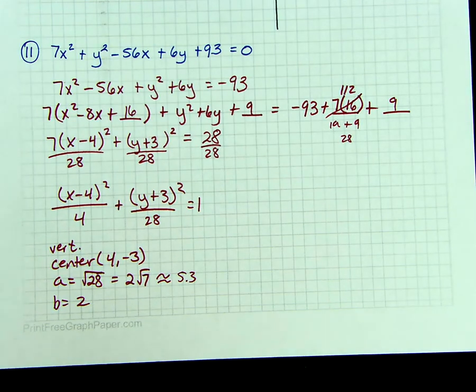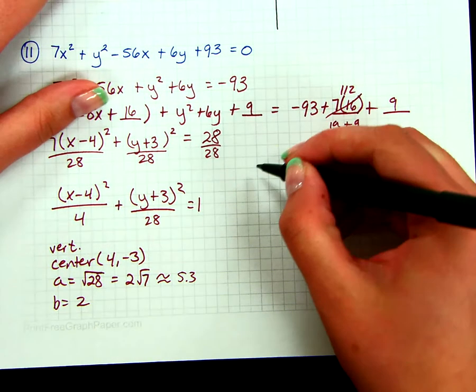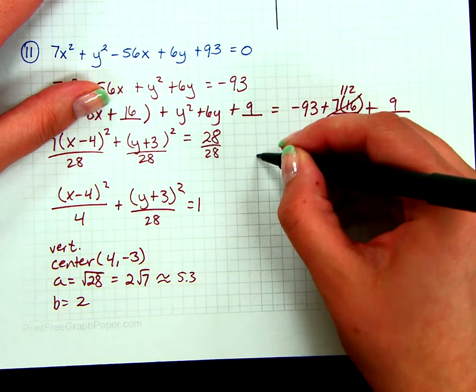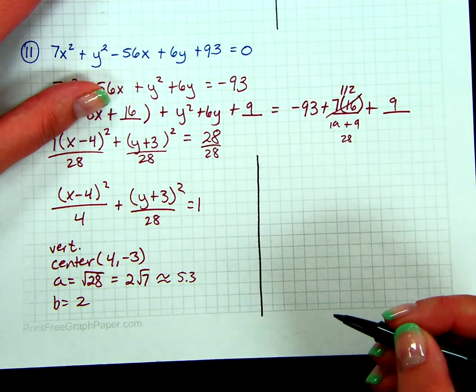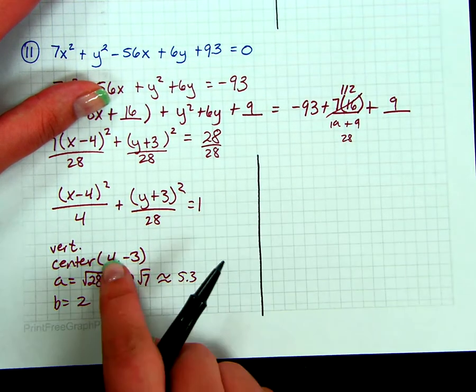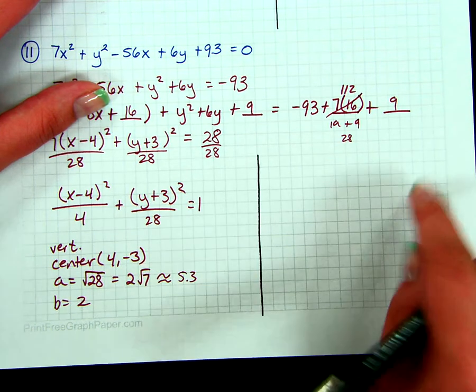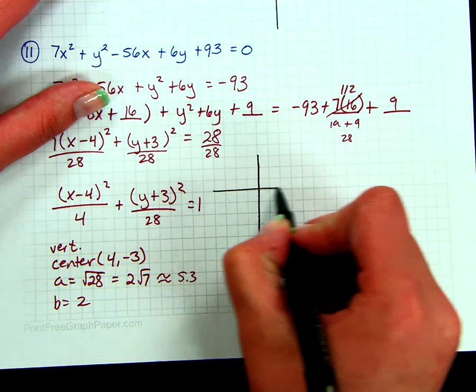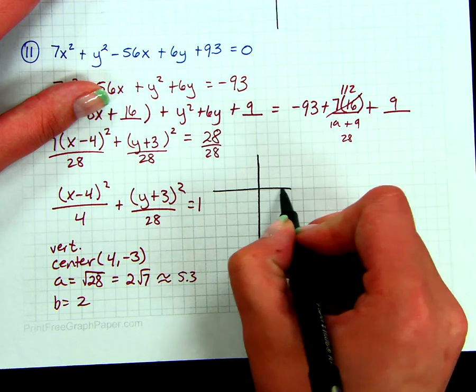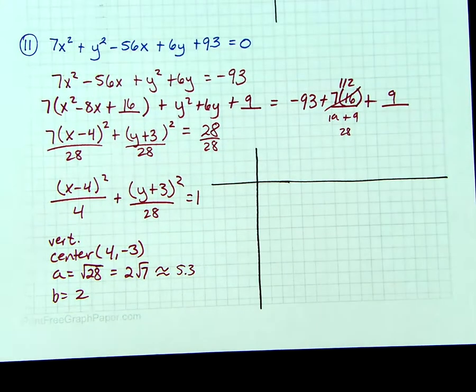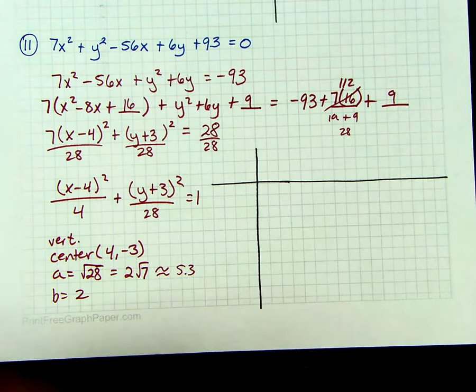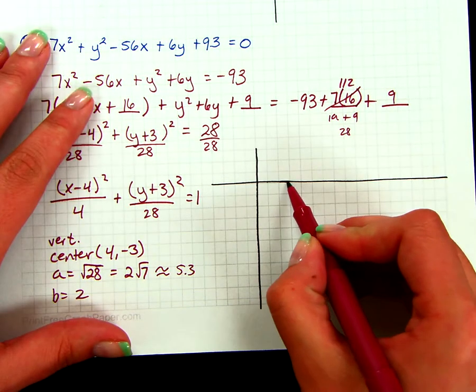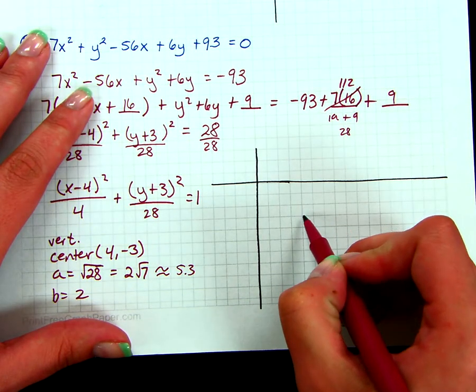Okay, so again, we're just going to graph all of that. Oh, whoops, so I have to go over 4, that should be good enough. All right, so starting with the center, so 4, -3, 1, 2, 3, 4, 1, 2, 3.